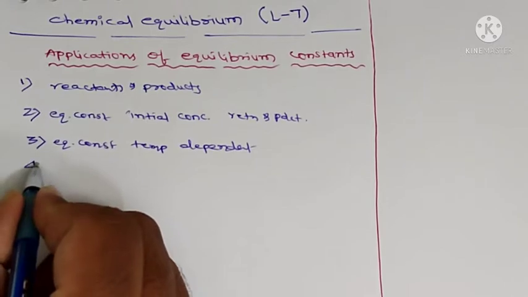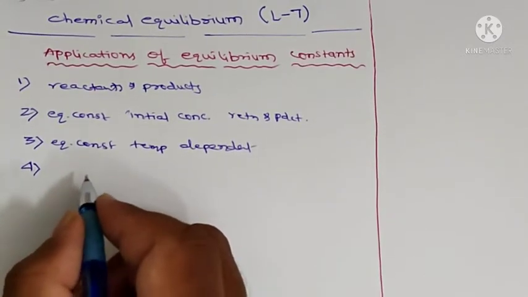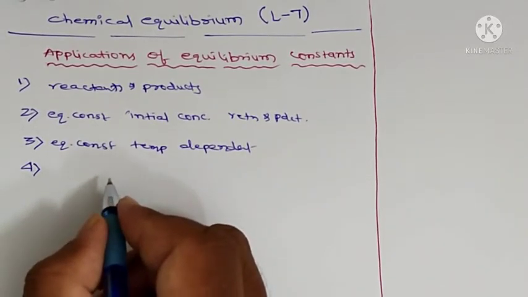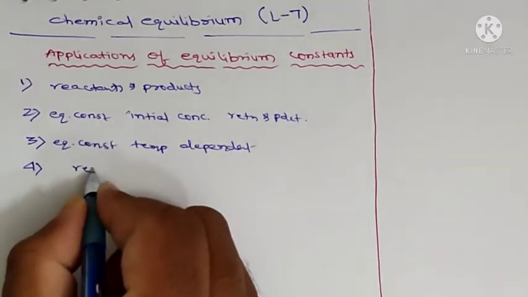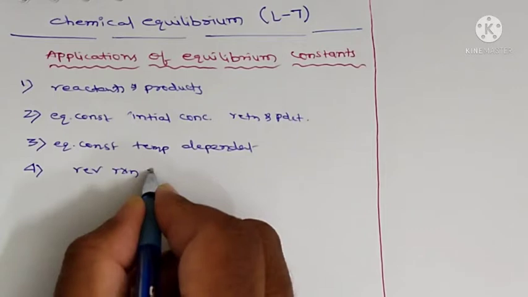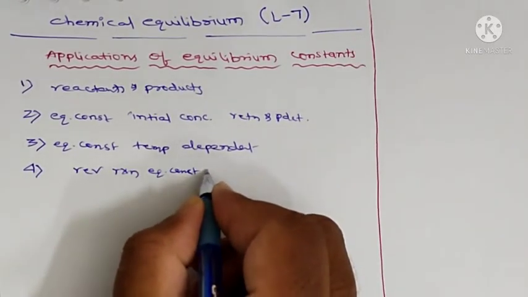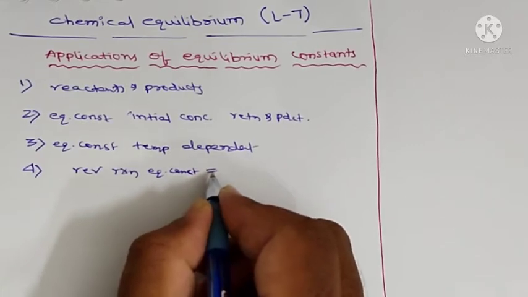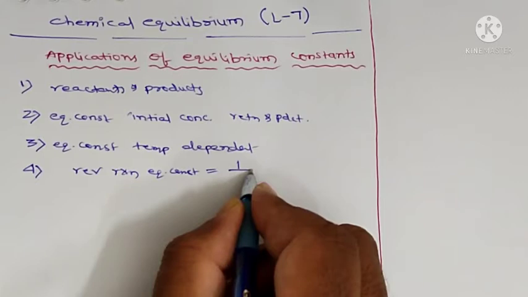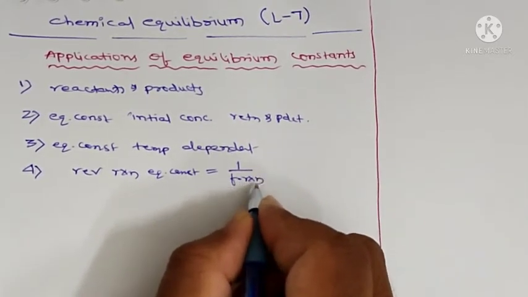And number 4, the reverse reaction equilibrium constant is equal to the inverse of the forward reaction.